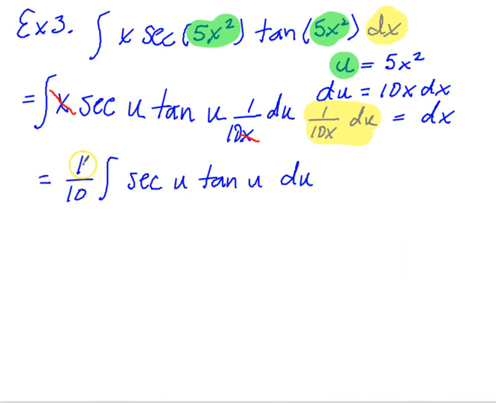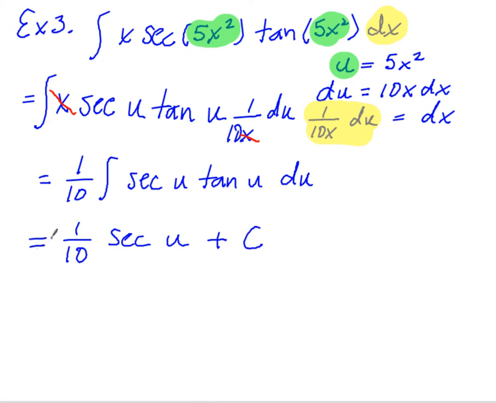So we have 1/10 of the integral of secant u, tangent u, du. That's really nice because that's a perfect trig derivative. We know that that's the derivative of secant of u. Don't forget your plus c.